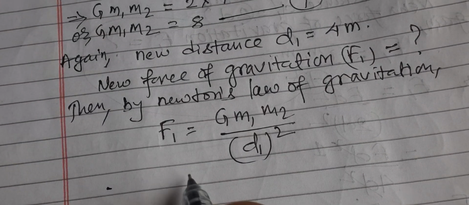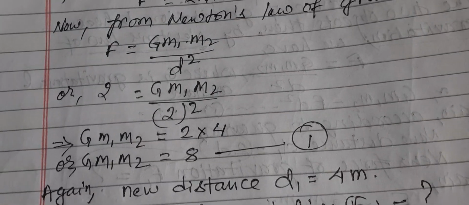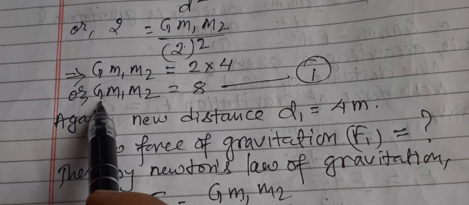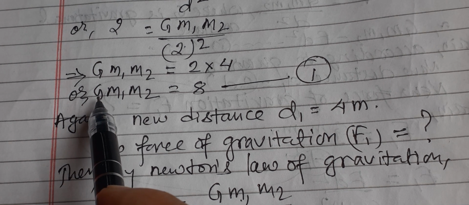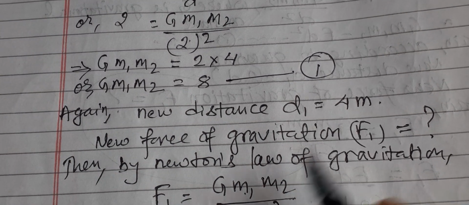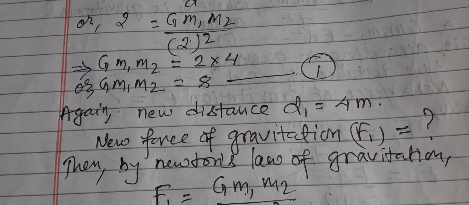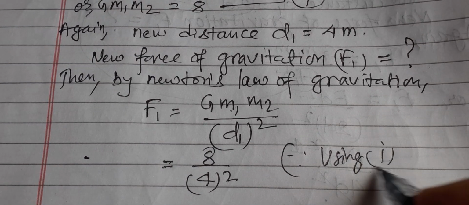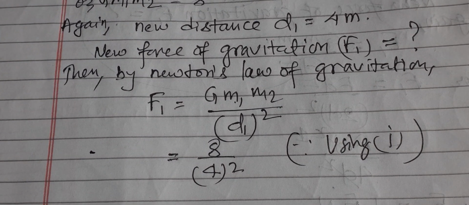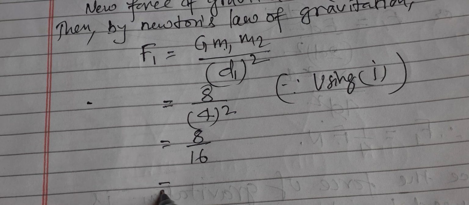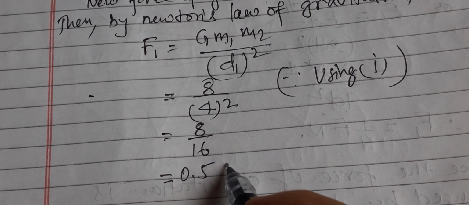So substituting the values of G M1 into M2 in equation I, we have the value of G M1 M2 equal to 8. So replacing this quantity by 8, we get 8, and d1 is 4 meter. So using I, look at here now, 8 divided by 16, and this equals 0.5 Newton.